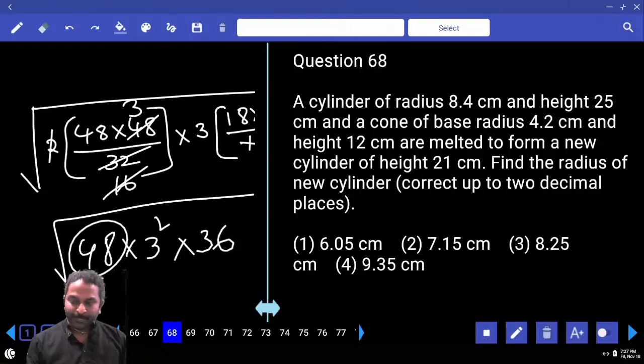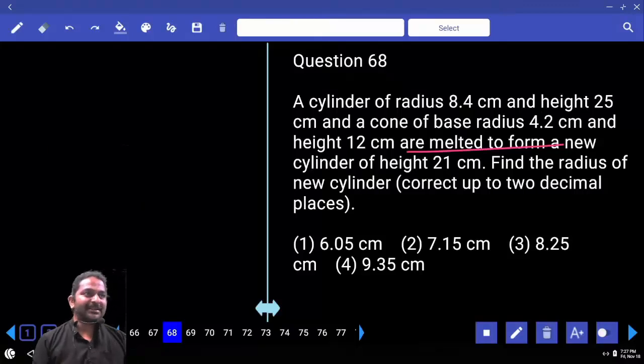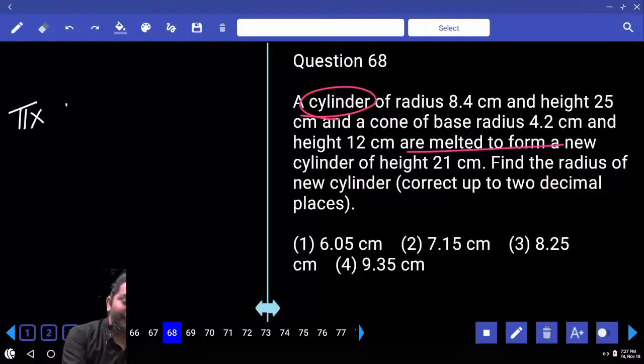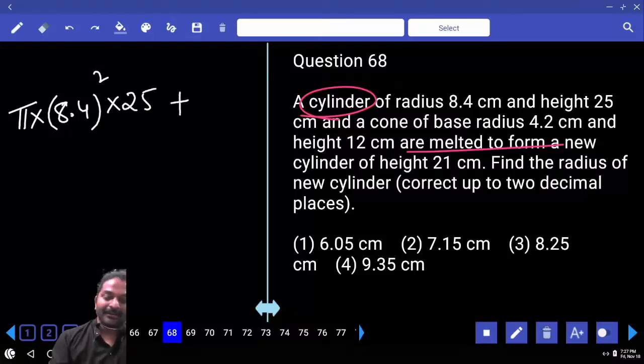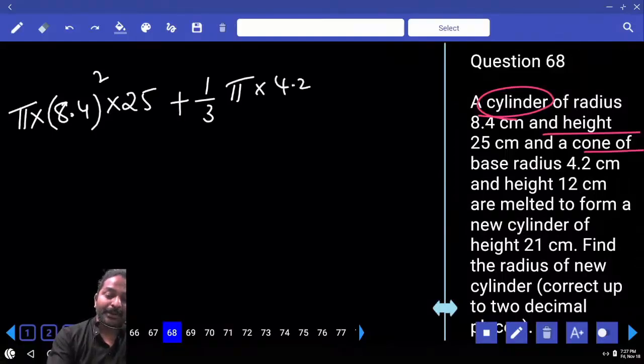They are melted to form. So what must be equal in this particular case? Volume. For cylinder, what is the volume? Pi r square h. Pi r square 8.4 square, height 25, and volume of the cone 1/3 pi r square 4.2 whole square into height.